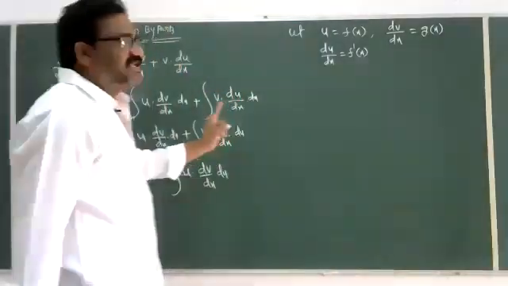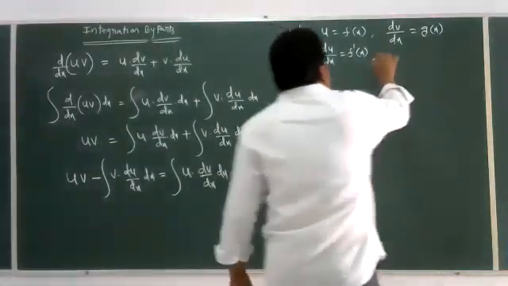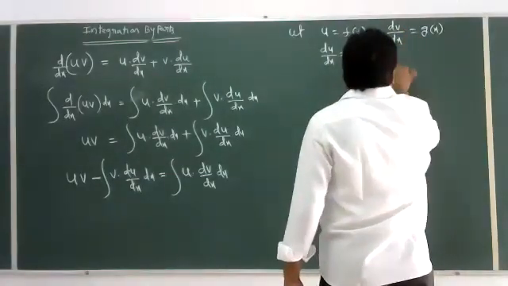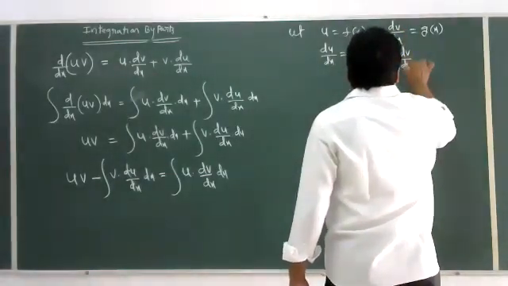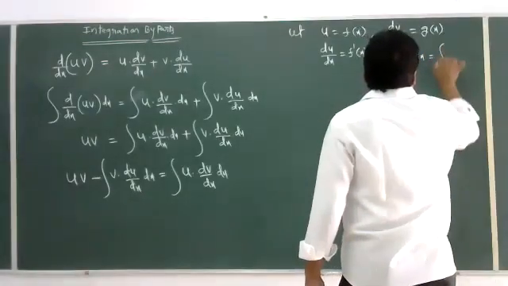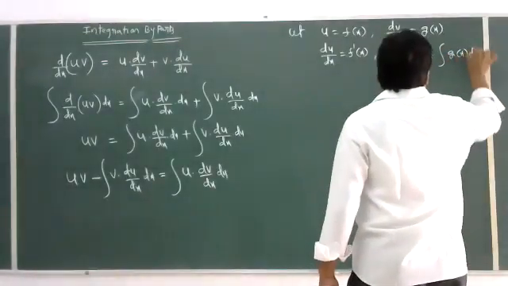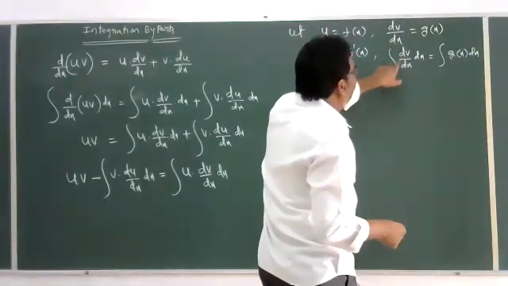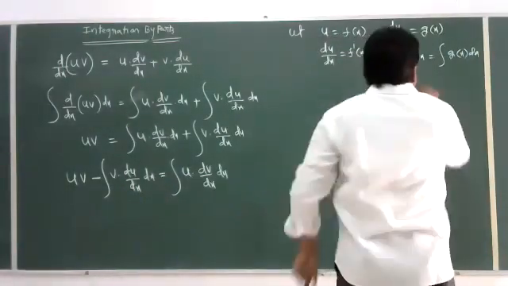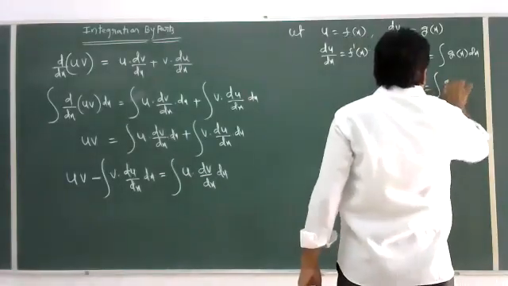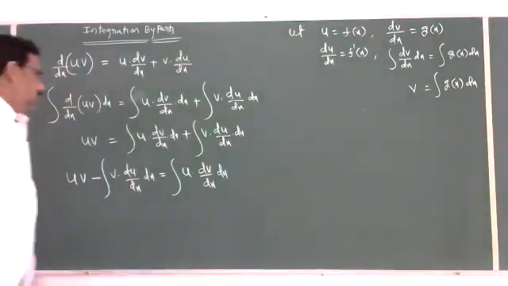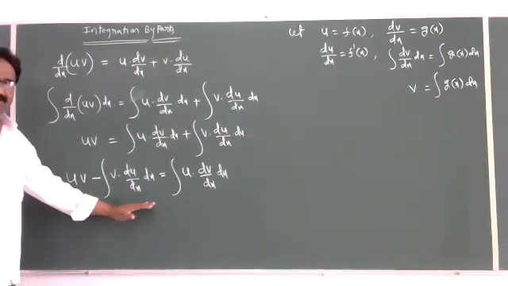Here, dV by dx means integration of dV by dx is equal to integration of g of x dx. So here derivative and integration both cancel. Then you get V is equal to integration of g of x dx. I think you understood up to this step.